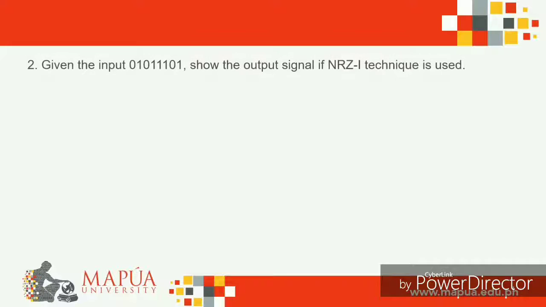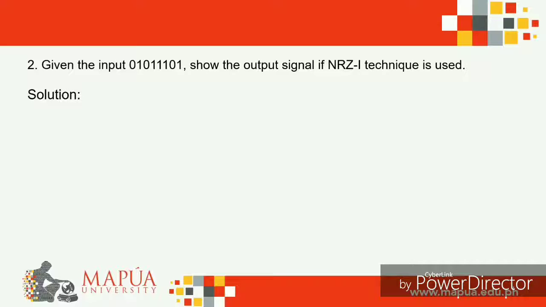Example number 2. Given the input 0101 1101. Show the output signal if the NRZ-I technique was used. This problem was almost identical to the previous one, except a new technique was introduced to us.